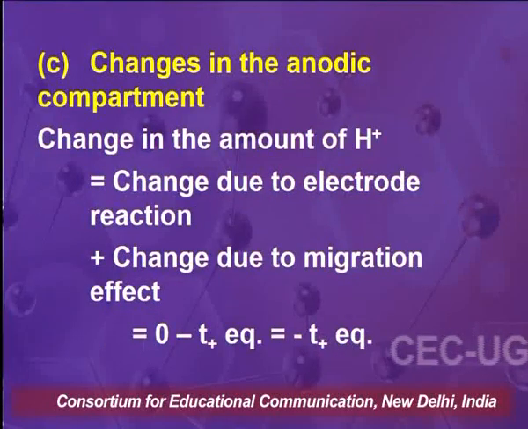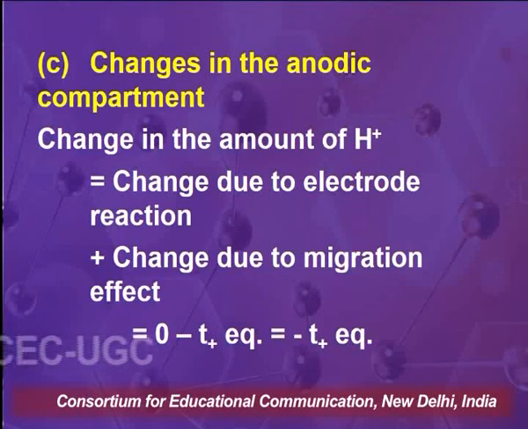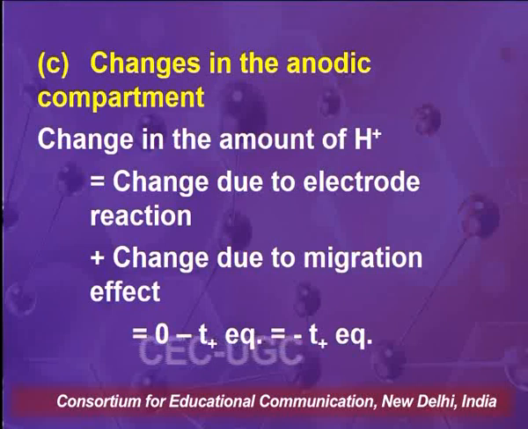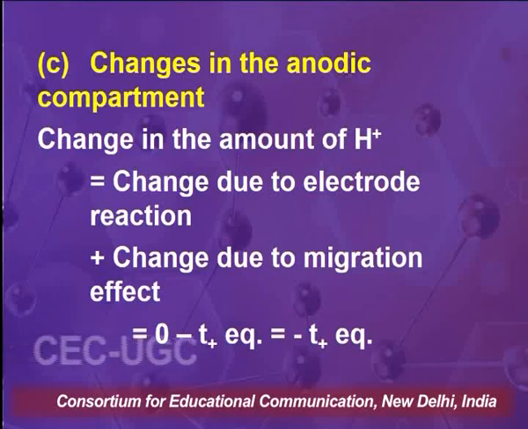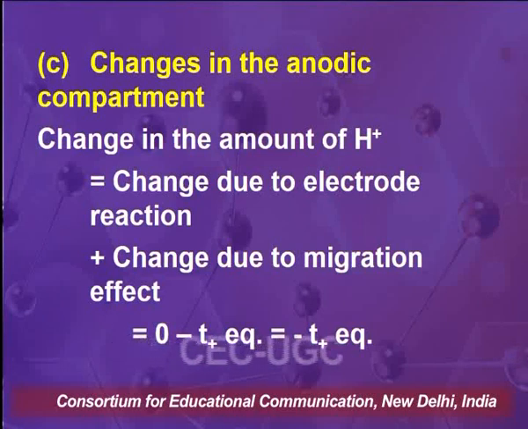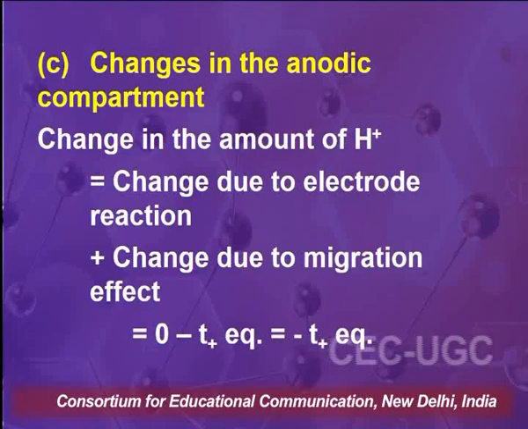Then we have changes in the anodic compartment. Change in the amount of H plus will be due to the change due to the electrode reaction plus change due to migration effect, which is equal to 0 minus T plus equivalents, that is minus T plus equivalents.